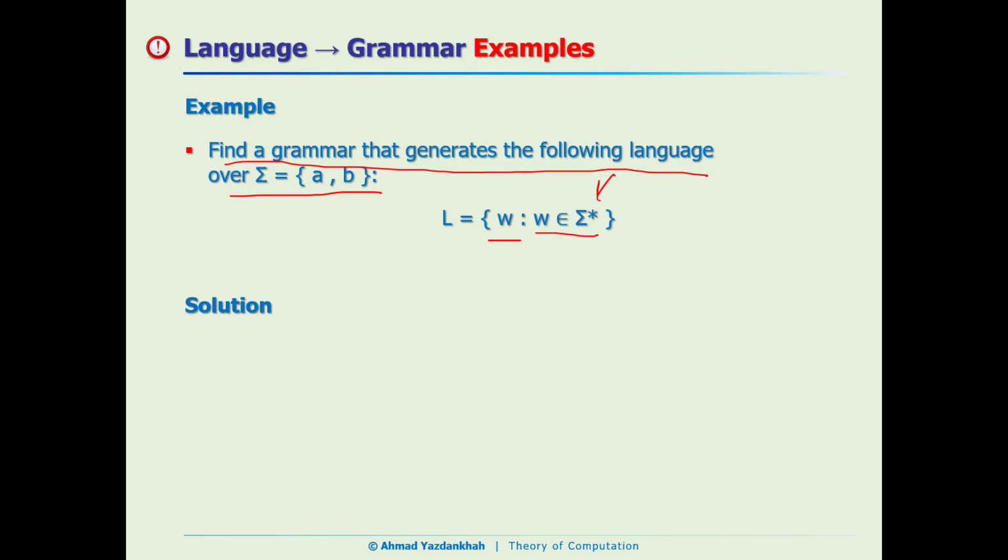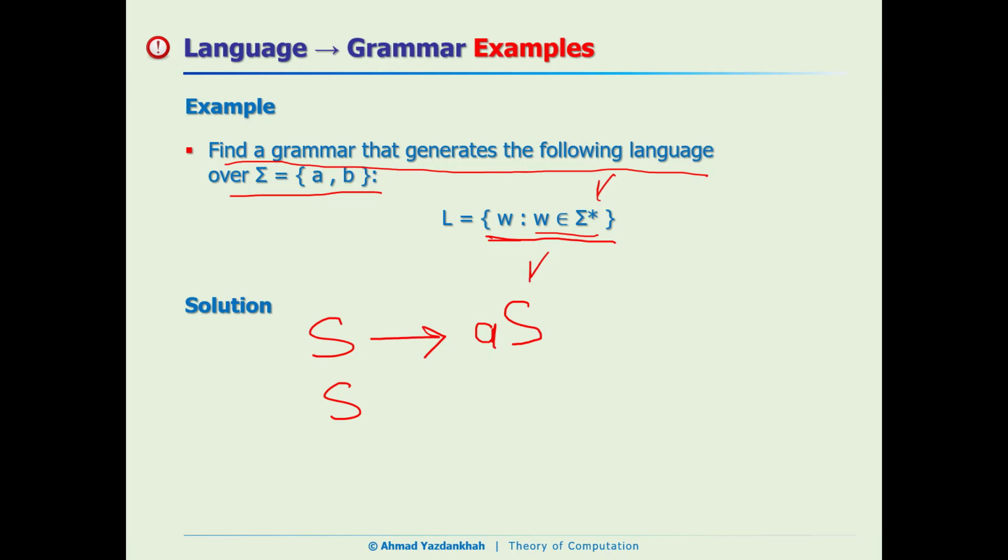We need to produce all strings. This is not something that we can give you a simple way of thinking about. For every language, we need to go back and forth and try to design a grammar for it. For this simple one, we need a production rule or some production rules that can produce any number of a's and b's, any combination. After some thinking and brainstorming, I would say, okay, I need any number of a's combined with any number of b's.